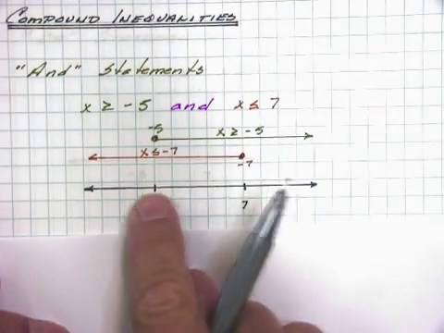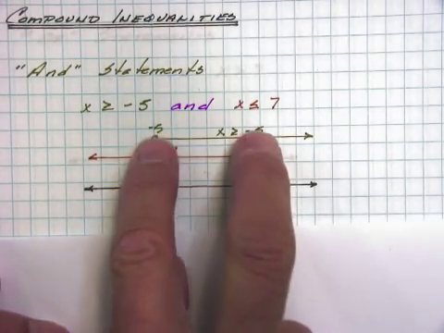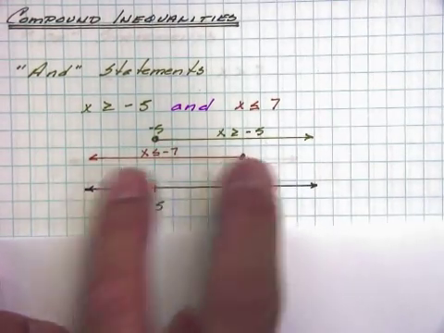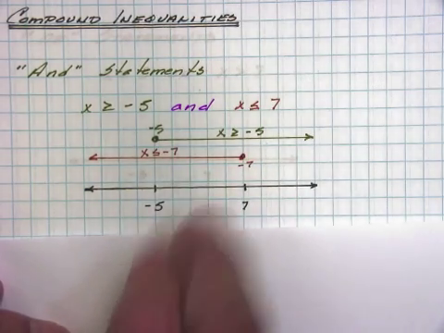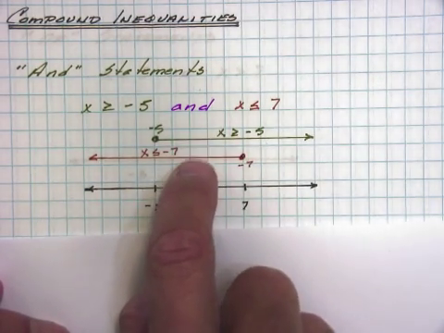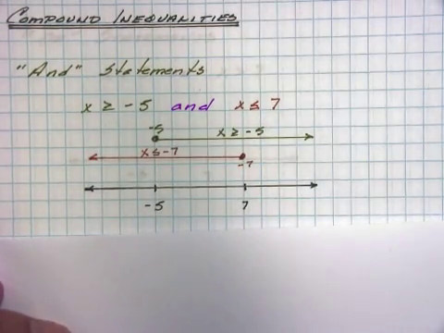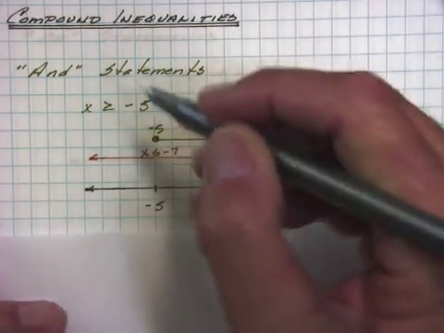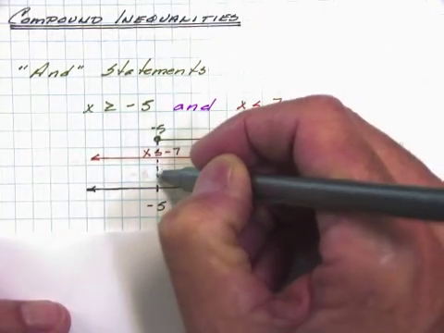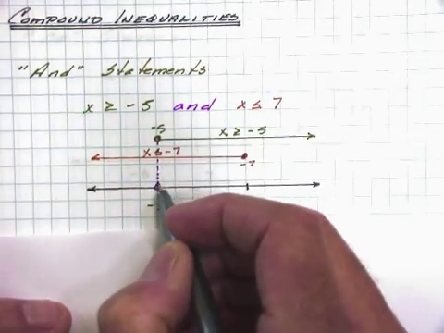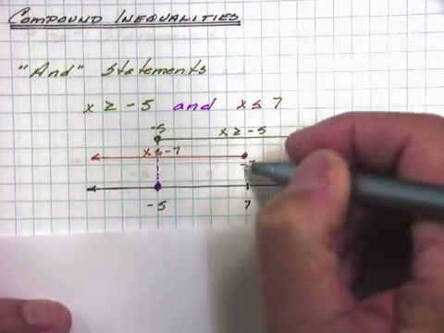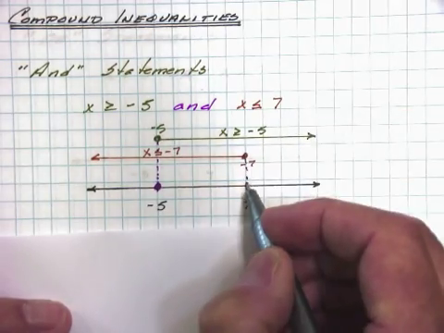Now, what we're going to do is combine those two graphs onto one number line. So we're just going to bring both of these down, and we're going to be looking for where they overlap, because it's where these two graphs overlap that we are meeting both of the conditions at the same time. So we'll bring this one down, solid circle there, okay?